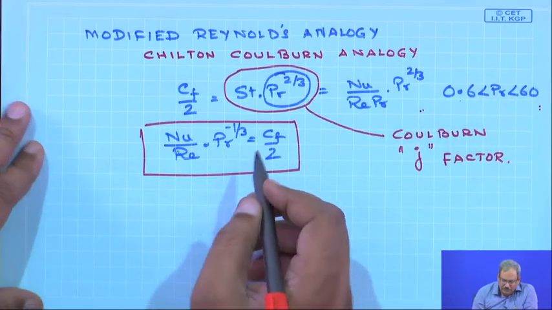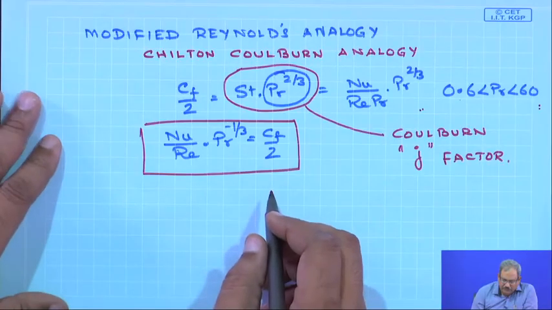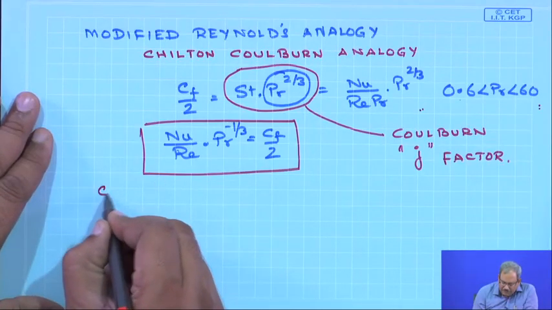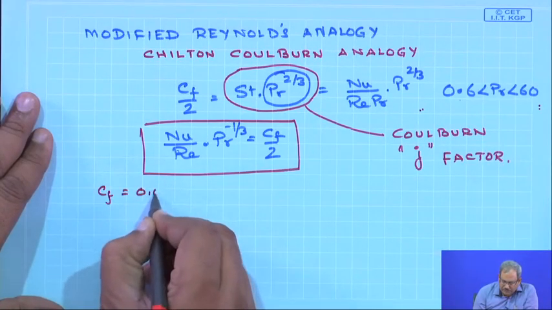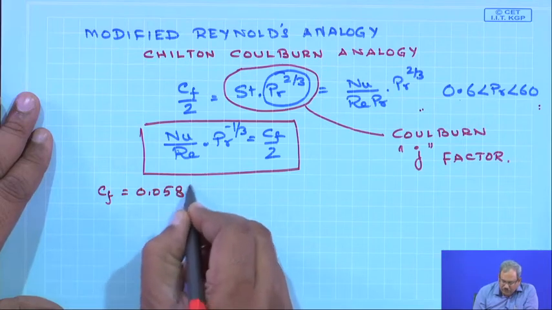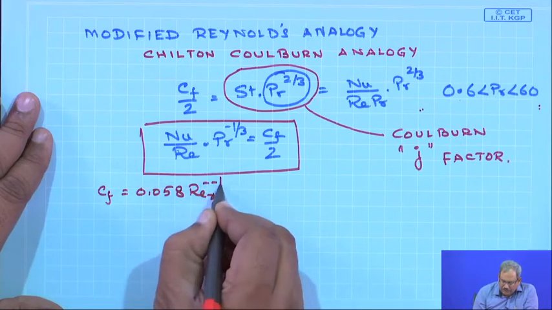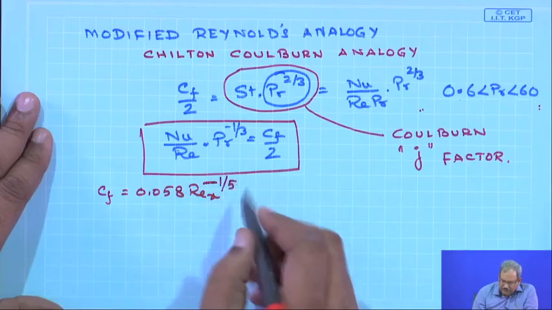What is the advantage? The advantage is, as I mentioned, the Cf expression is already known to us, Re_x to the power minus 1 by 5.